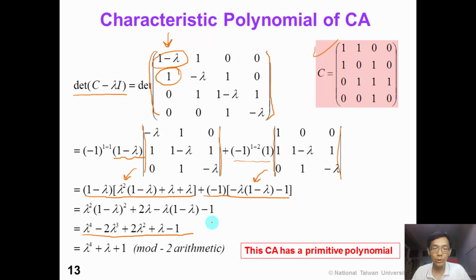Please note that we are using modulo 2 arithmetic, so -2 is equal to 0, plus 2 is also equal to 0, plus 1 and the -1 are the same. So now we have lambda to the power of 4 plus lambda plus 1. This is a primitive polynomial. So we show that this cellular automata has a primitive polynomial.